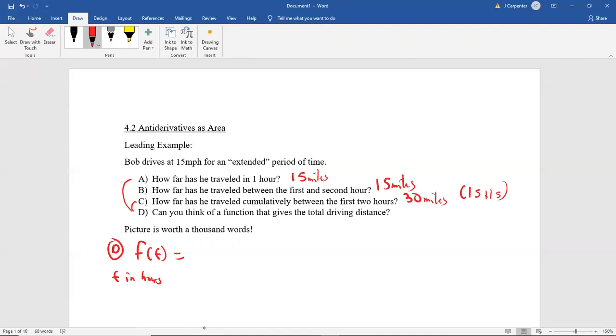Whatever this function is involving t, if you were to plug in 1, you'd get 15, and if you were to plug in 2, you'd get 30. Now, if we had lots of time together, we could sit here and try and do slope analysis and all sorts of things, but I hope that you've had enough practice with linear functions with no intercepts to figure out that this is just 15 times t.